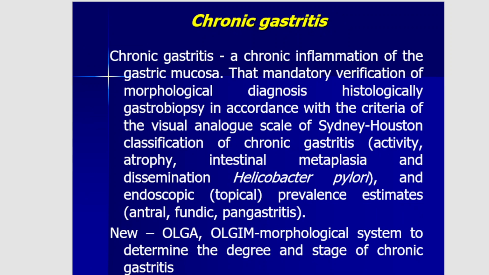Chronic gastritis is a chronic inflammation of the gastric mucosa. It must be verified by biopsy and morphological examination, and it's necessary to check for Helicobacter pylori infection.